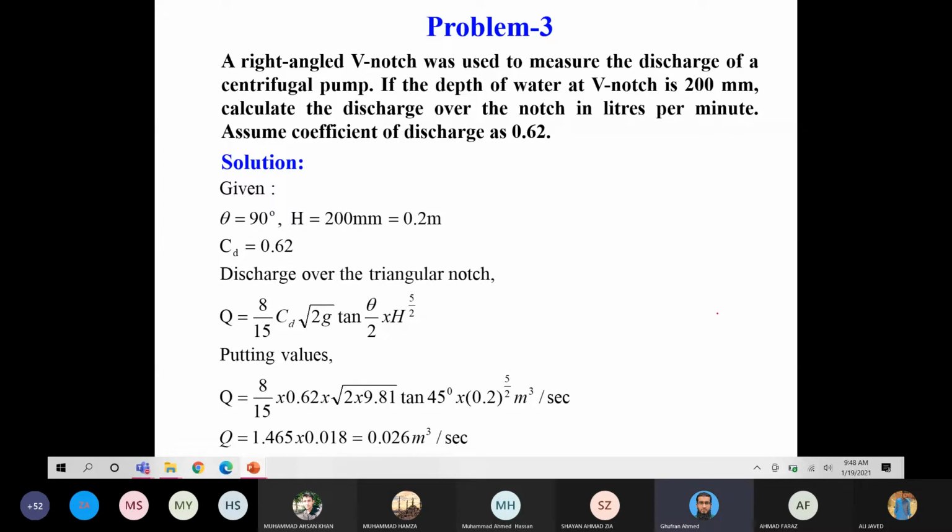A right angled V notch: right angle means theta is 90. So what will tan theta by 2 be? Theta by 2 will be 45.